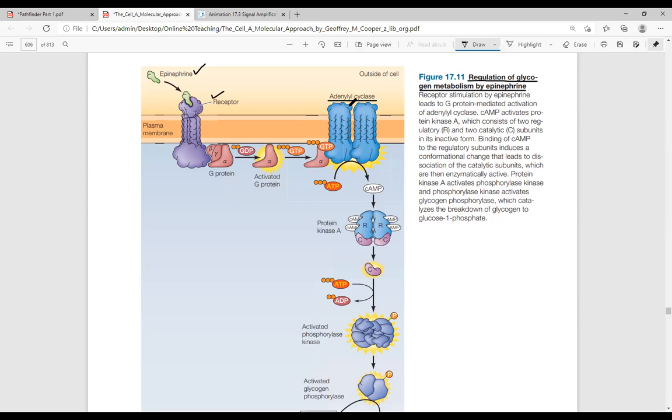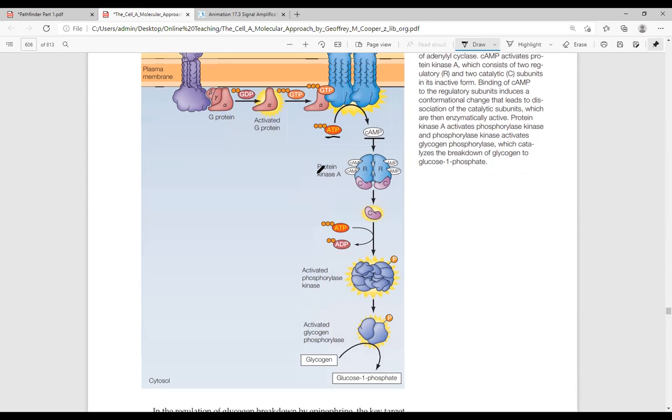After adenylate cyclase has been activated, it transforms the ATP molecule into cyclic AMP molecules. The transformation of ATP into cyclic AMP leads to the activation of protein kinase A. Once protein kinase A has been activated, the regulatory subunit and the catalytic subunit of protein kinase A are separated, because cyclic AMP has the ability to bind to the regulatory subunit, causing the separation of the catalytic subunit.